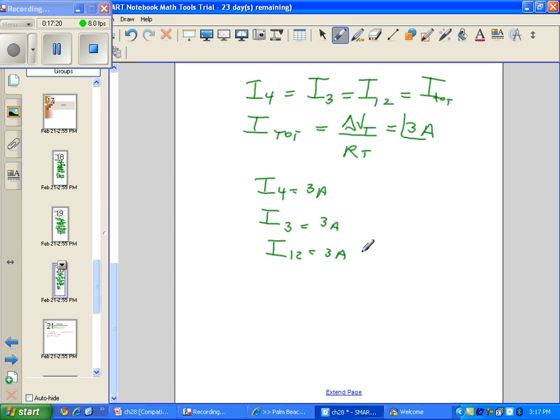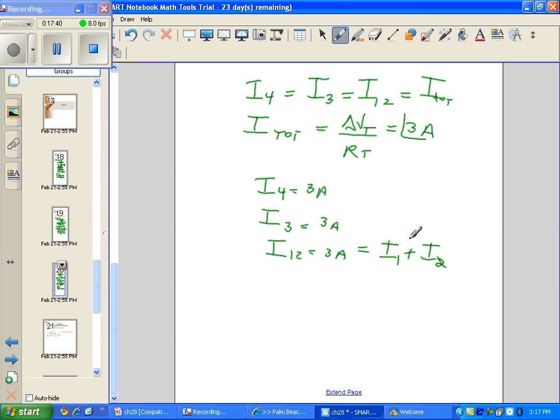Now, notice that I12 is the sum of I1 plus I2, since R1 and R2 were in parallel. So we don't know what I1 is or what I2 is, we just know the sum.